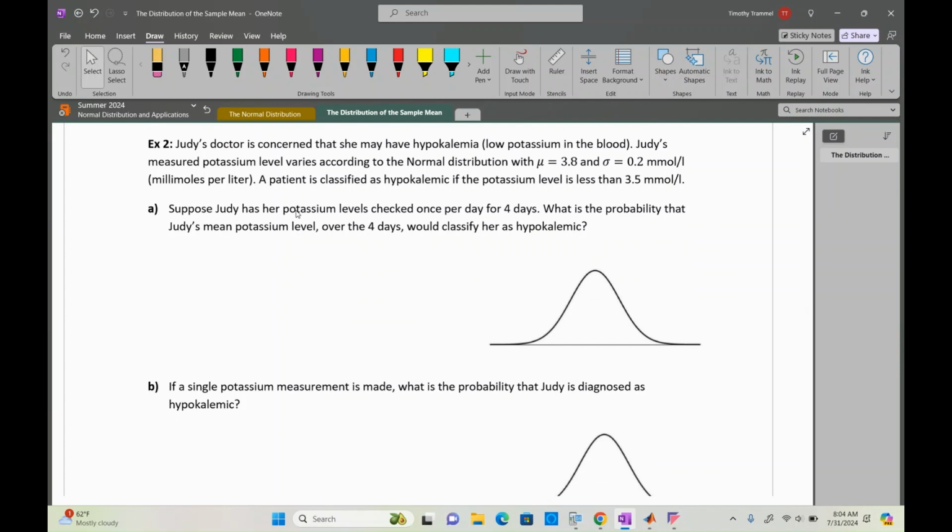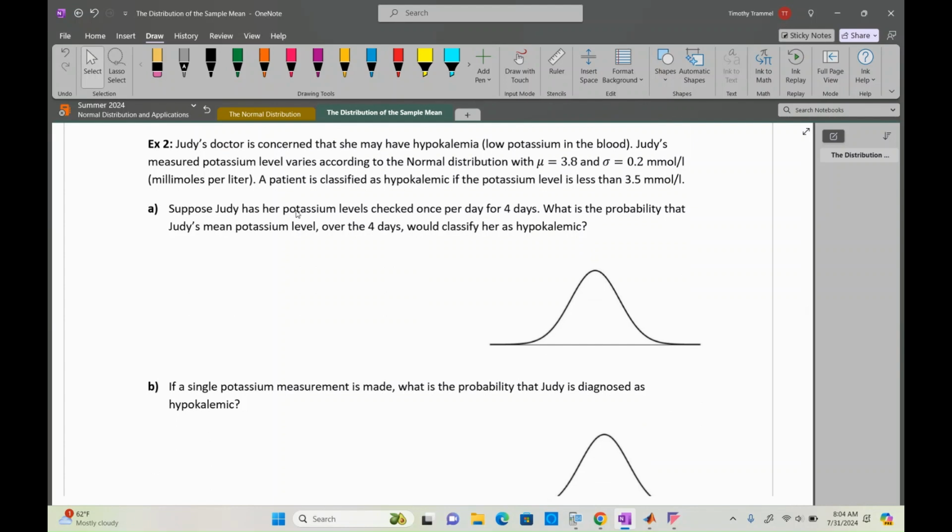A patient is classified as hypokalemic if their potassium level is less than 3.5 millimoles per liter. You can see her mean potassium level is only 0.3 higher than what would be classified as hypokalemic. So you could imagine that if she went in on a bad day, she might be classified as hypokalemic, even though she's not.